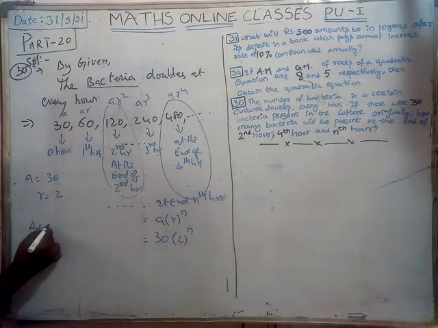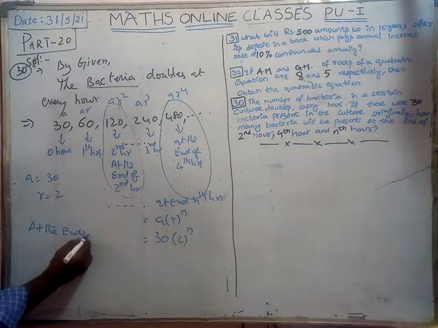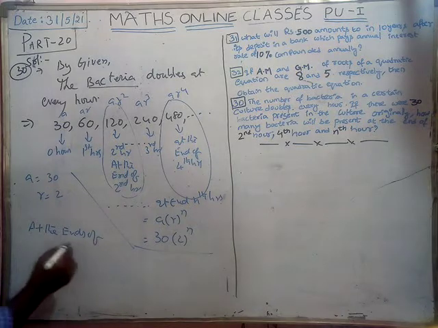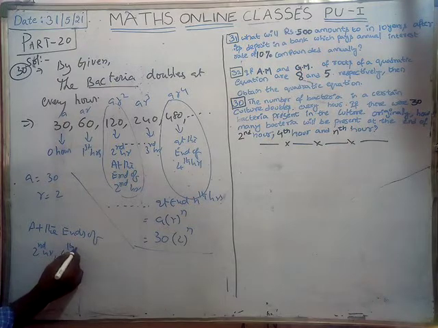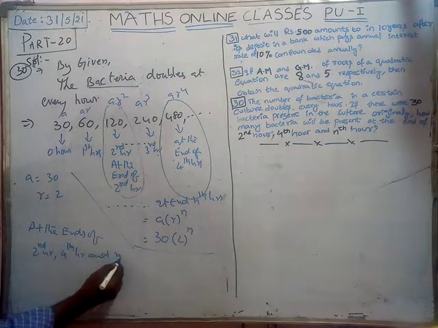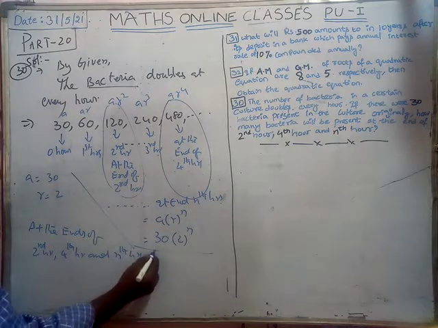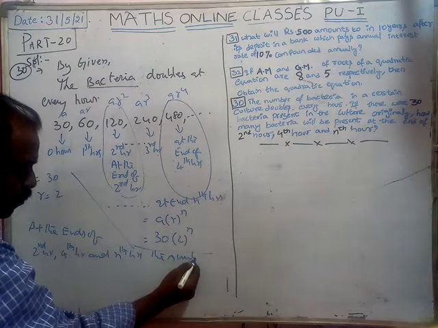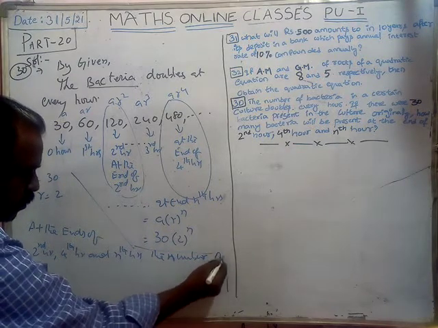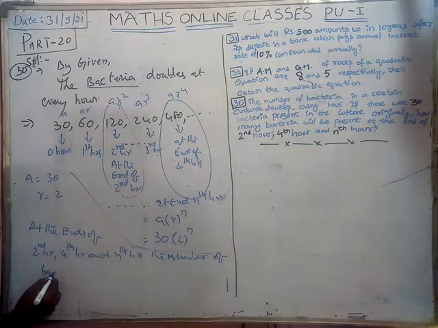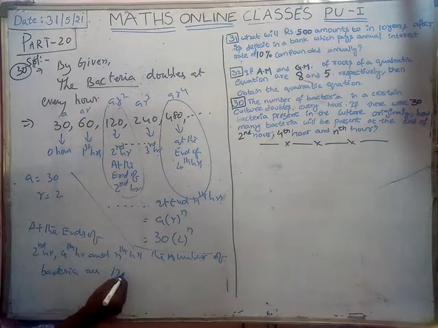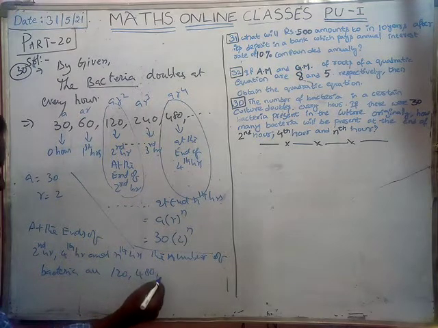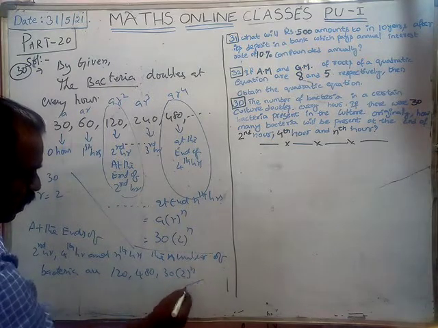So the answer: at the end of the second hour, fourth hour, and nth hour, the number of bacteria are, first 120, next 480, next 30 into 2 power n.